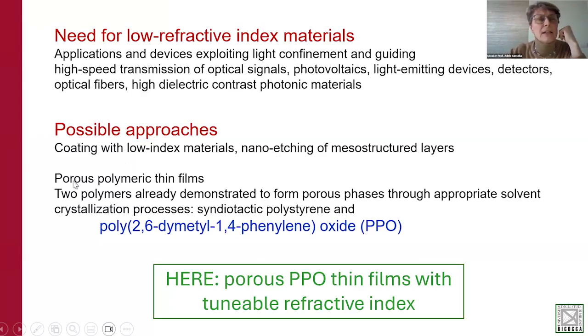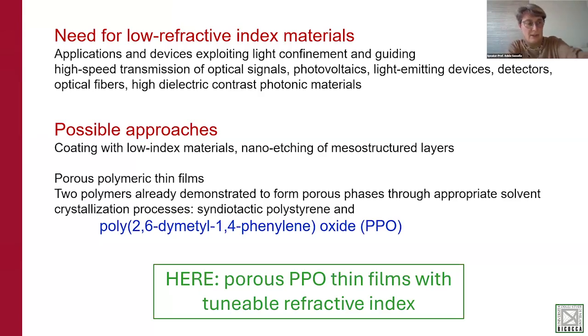But here we are addressing a different approach, which has already been proposed by several people in the last years: preparing materials, in particular polymeric thin films, which are porous, comprising some pores, some voids inside, which can give rise to low index with respect to the refractive index of the bulk materials.